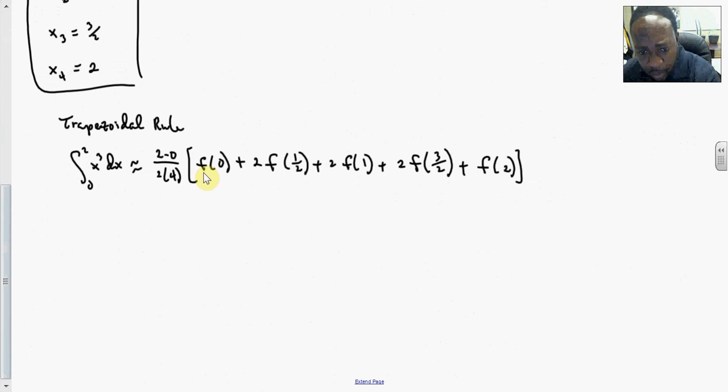The first and the last terms are not multiplied by the number 2 for the trapezoidal rule. So here we have 2 over 8, or 1/4.